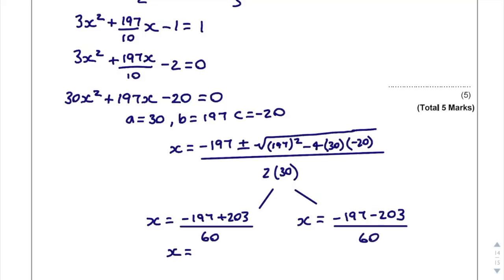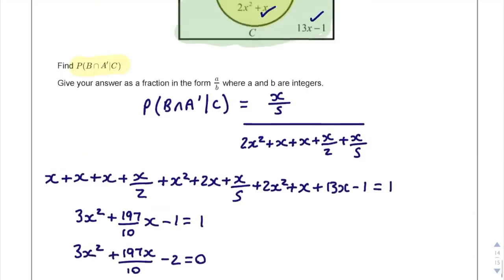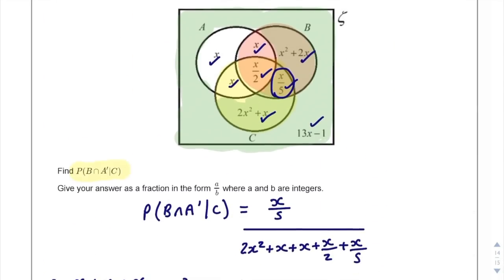So if I simplify that first fraction, minus 197 plus 203 divided by 60, we get 1/10. For the second value of x, we get minus 197 minus 203 over 60, which is minus 20 over 3. Now, this is where we've got to be careful. With probabilities, if this Venn diagram just had numbers in it, all of those probabilities would be positive.